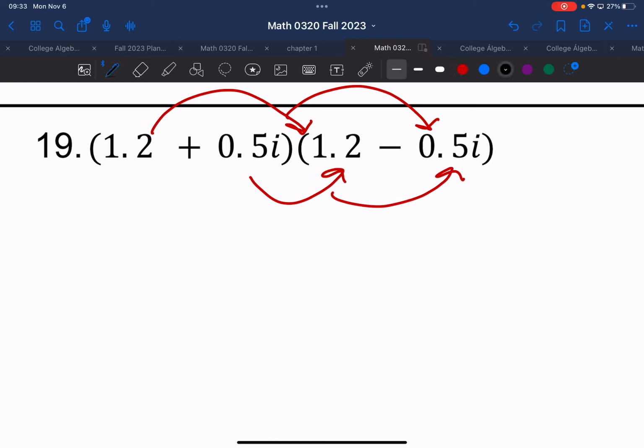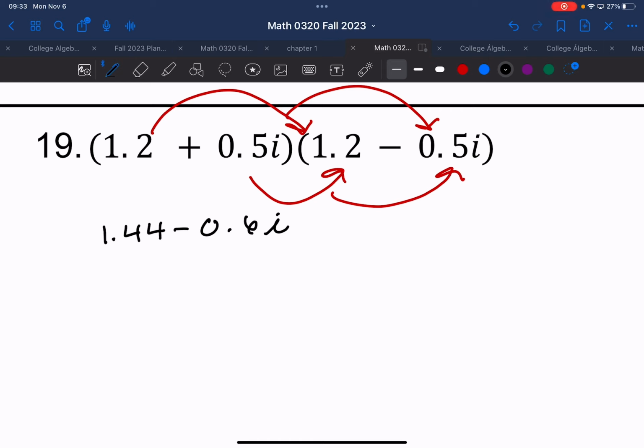So we have 1.2 times 1.2, which is 1.44. 1.2 times negative 0.5i, which is negative 0.6i.